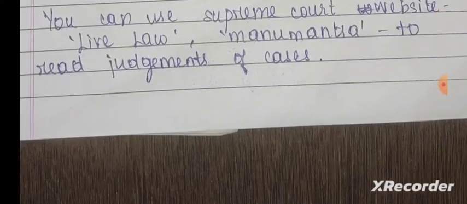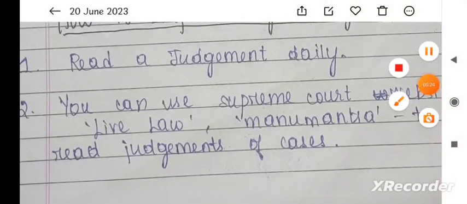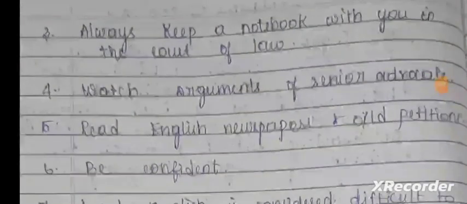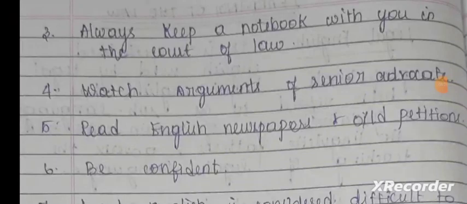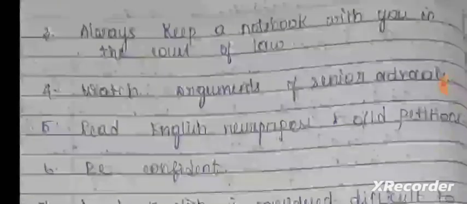Next, always keep a notebook with you in the court of law. Whenever you visit the court, always keep a notebook and a pen with you to write down what is going on around you. Fourth, watch arguments of senior advocates.